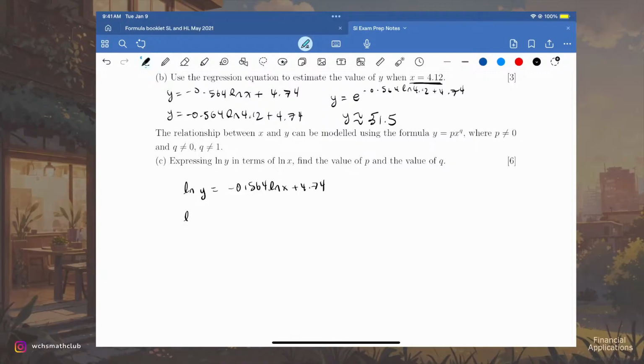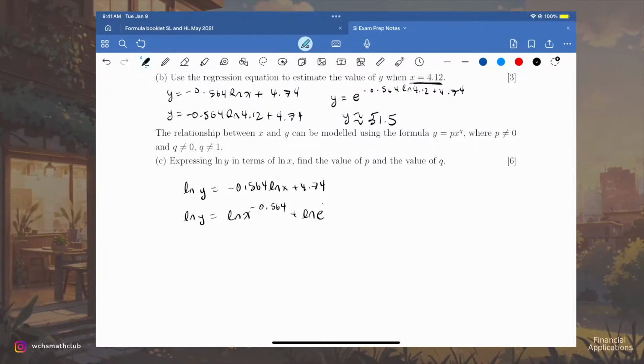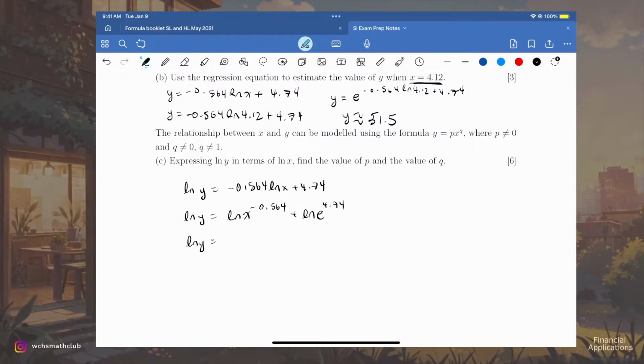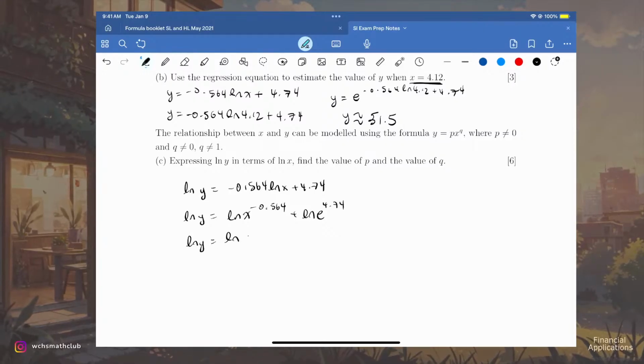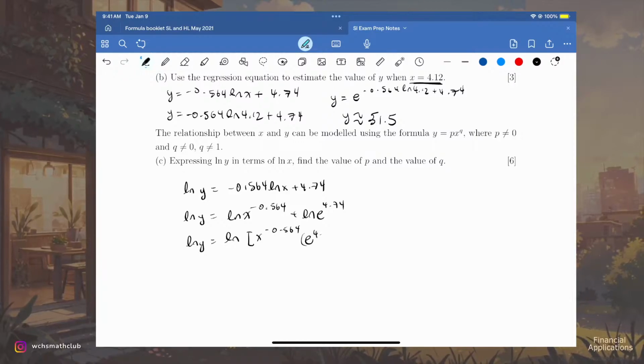If you rewrite this equation using logarithmic laws, you get that ln y is equal to ln of x to the power of negative 0.564 plus ln of e to the power of 4.74, which you can also use more logarithmic laws to make it ln of x^(-0.564) times e^(4.74).